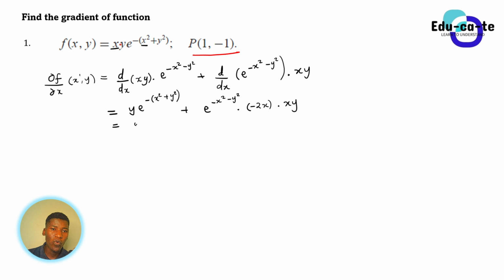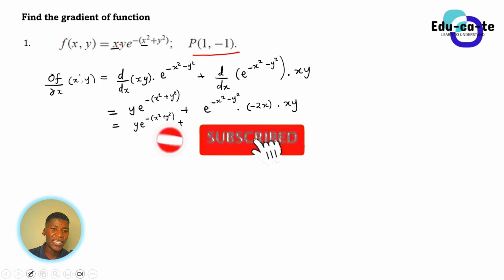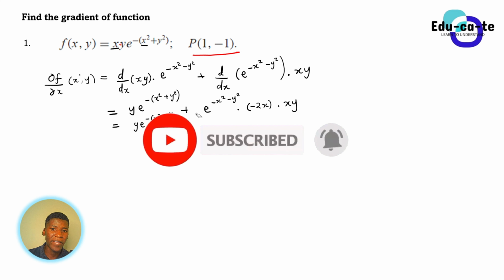We're going to get y e to the power of negative x squared plus y squared plus, here if you multiply the x values together, you get an x squared, and this plus will turn into a minus because we've got a minus and a plus multiplied together.